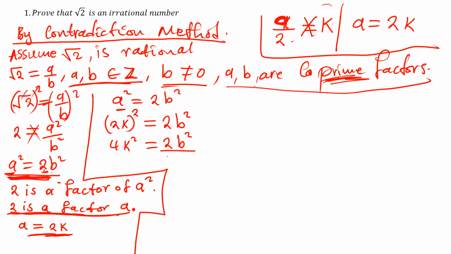Now I'm going to divide by 2 on both sides. If I do the division, I'm going to get 2k squared on this side being equal to b squared. Yeah, so this is what I've gotten. Let me just write it somewhere where it will be visible enough.